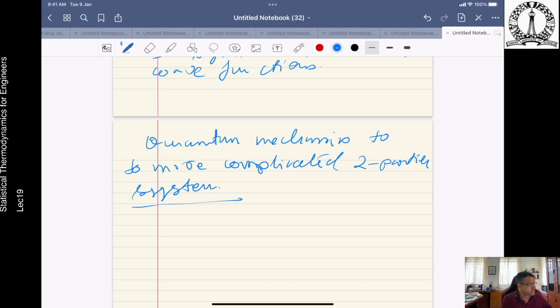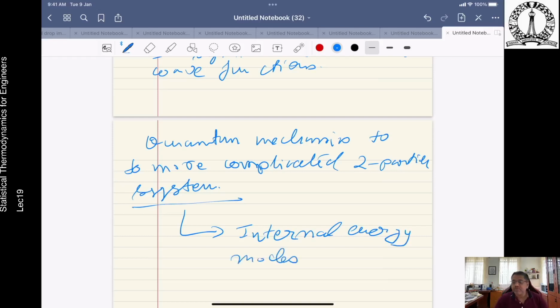That sets the stage for the analysis. We are going to use this to look at the internal energy modes, which exist due to vibration, rotation, and so on in the atoms and molecules.